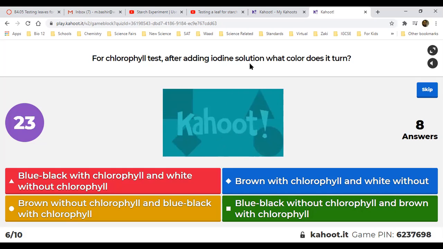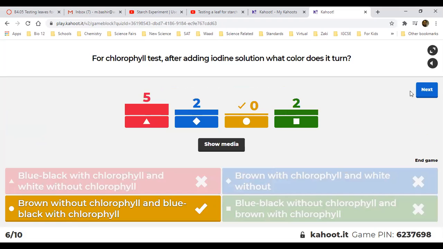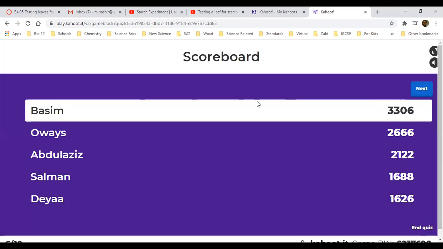Blue black with chlorophyll and white without chlorophyll. Brown without chlorophyll and blue black with chlorophyll. I'm not sure that we have done this test. We didn't do the chlorophyll test, so skip this question. What was I thinking? So 1 second left. This is the answer: brown without chlorophyll and blue black with chlorophyll. Okay, so we'll skip this.